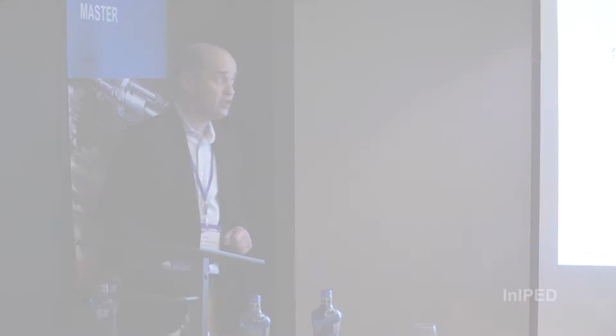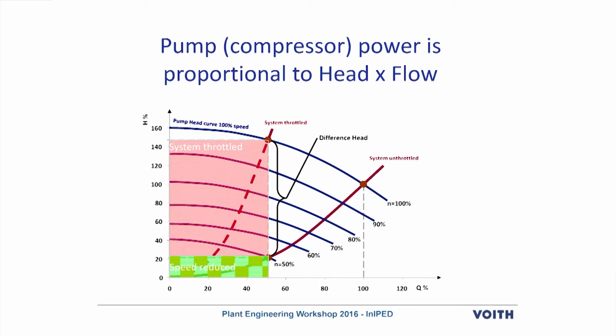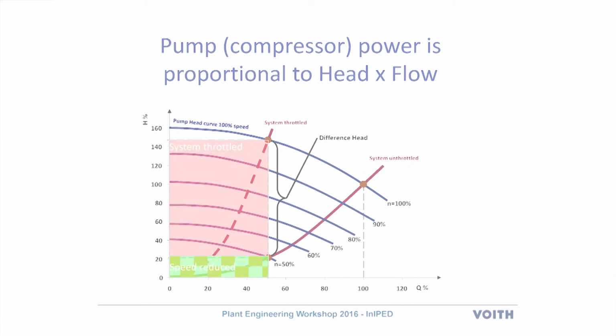Another way to achieve this is to act on the speed of the pump or of the compressor. And if we reduce the speed of the pump, the new characteristic will look like this, depending on the speed value, until we find the new intersection between the plant resistance and the available head, which meets the flow rate requirement.